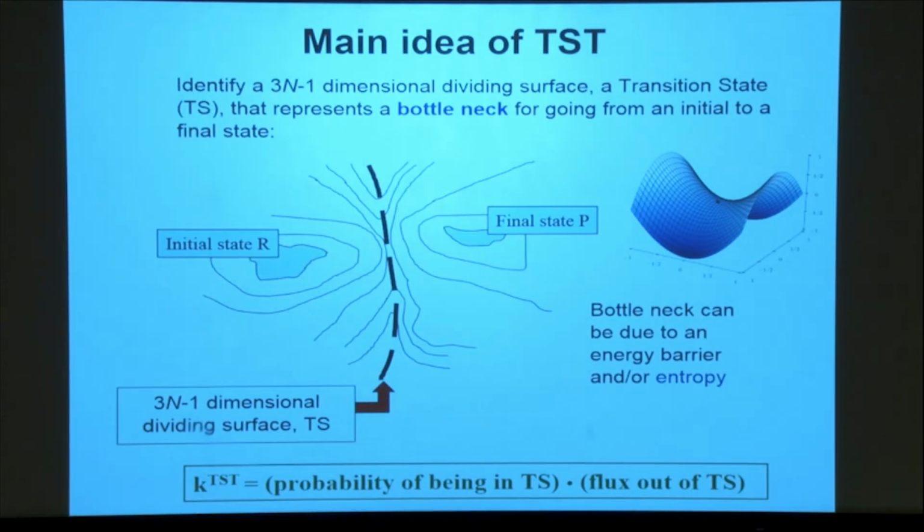And usually the transition state would look like a saddle in the potential energy surface, something like this. Okay, so according to transition state theory, the rate constant is a function of the probability of being at the transition state, this activated complex, and then the flux out of the transition state into the final products.